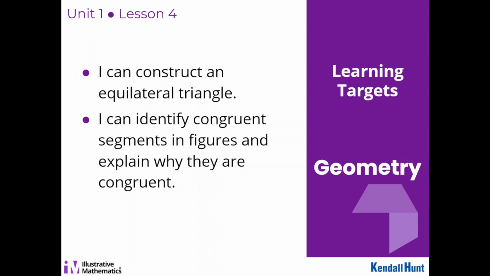So in your classroom, or if you're at home, practice this. Use a ruler or another straight edge. You want to make sure that your side lengths are the same, which will also create angles that are the same. So you can practice this until you get it just right.